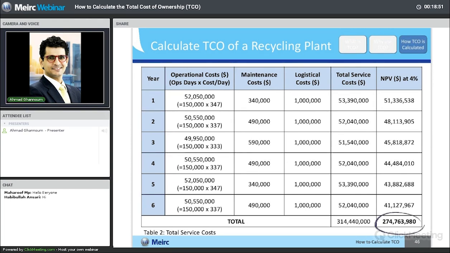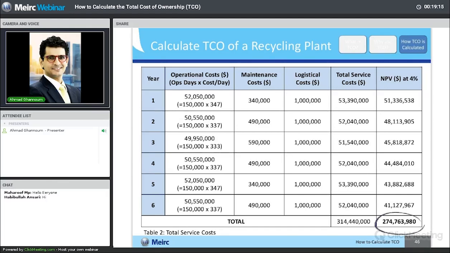Now, one thing here, it is interesting to compare the figure we saw in year 2 and the figure we saw in year 6. Year 2 and year 6 both had the same total, which was $52,040,000. But when discounted, the figures are now showing $48 million in year 2 and just $41 million in year 6.